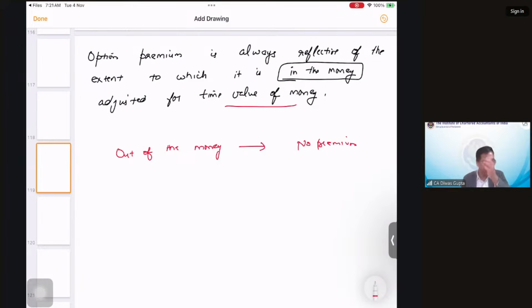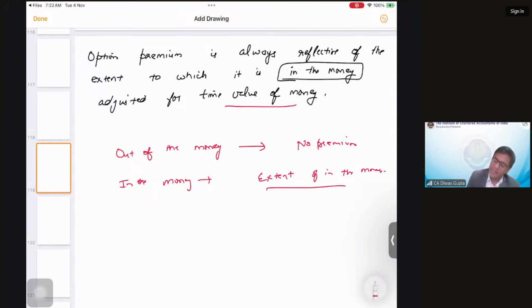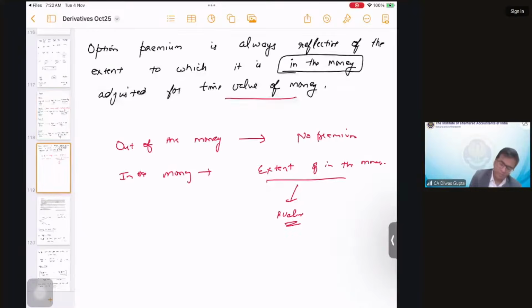It is not fetching any right. If it is in the money, we will have to see what is the extent of in the money, whether it is, let's say, 50 rupees, 60 rupees, 100 rupees, or whatever the case may be, and that present value becomes the option premium.